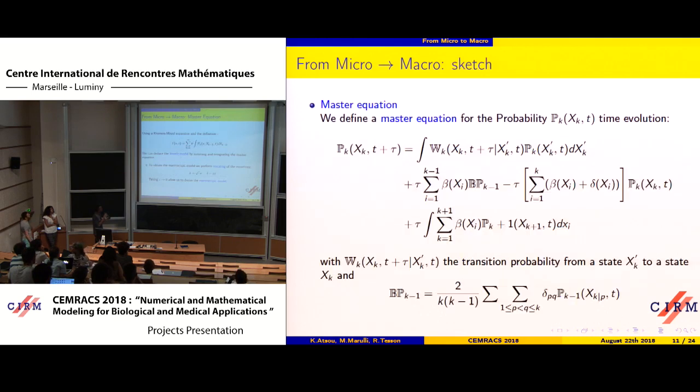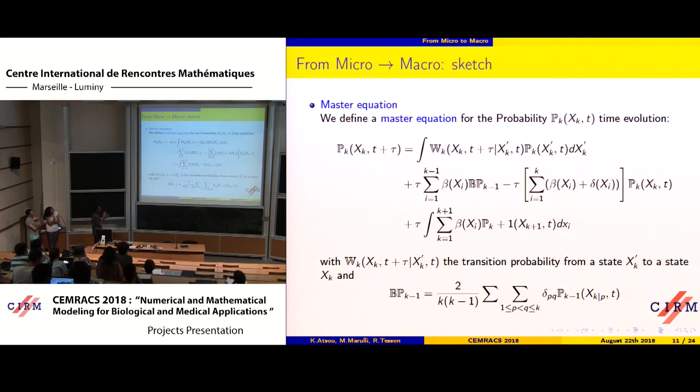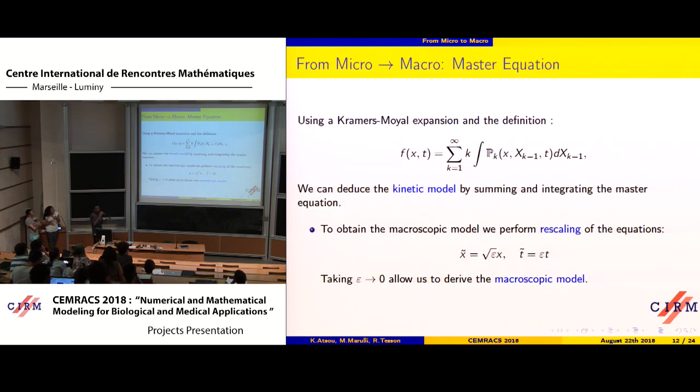After taking the limit when tau goes to 0, we should get an equation for the time derivative of the probability. From this equation we use the formula for the density and the expression of the transition probability. We didn't put it here because it's a very big formula.